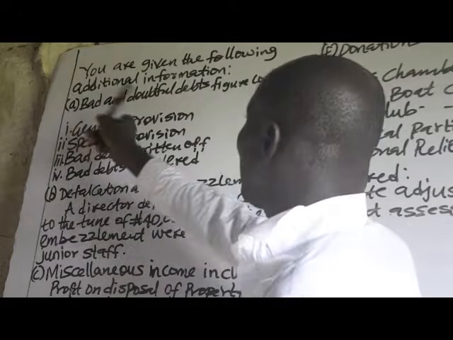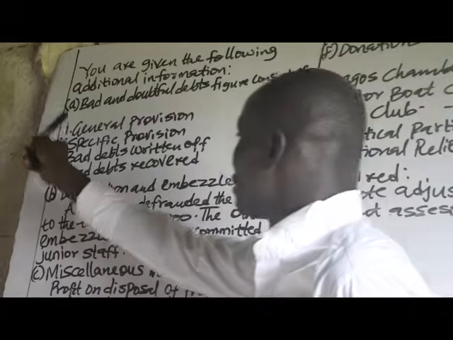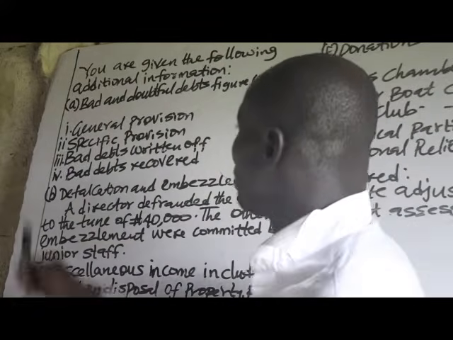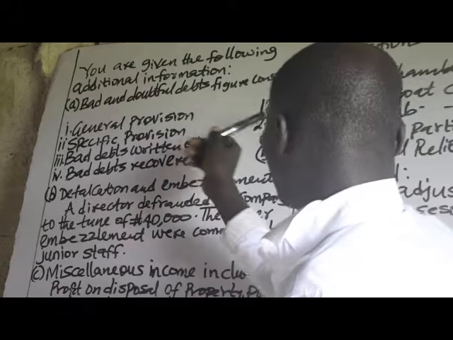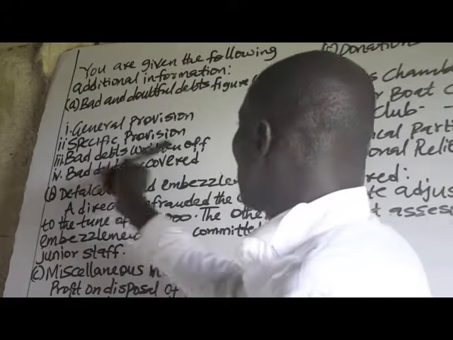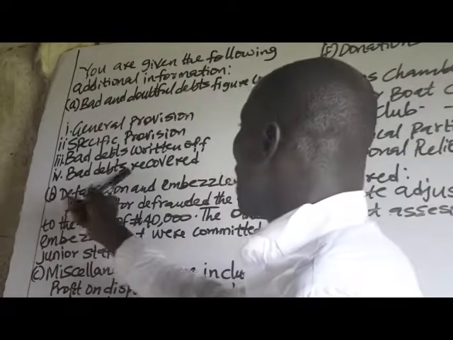A. Bad and doubtful debt figure consists of 1. General provision 12,000. 2. Specific provision 27,100. 3. Bad debts written off 6,500. 4. Bad debts recovered 5,060.